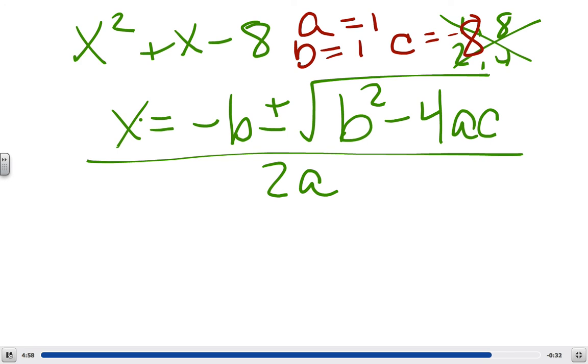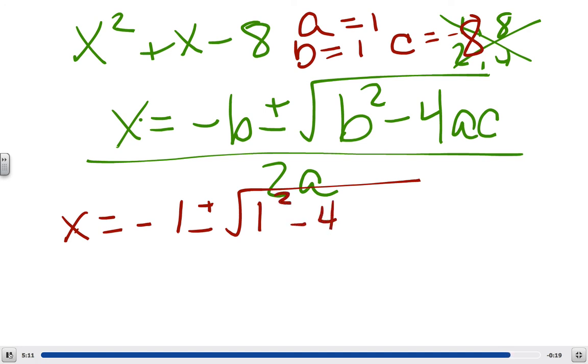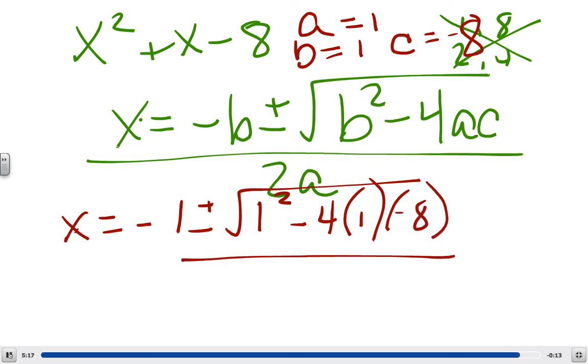So when we plug and chug into our formula, we have that x is going to be equal to negative 1 plus or minus the square root of 1 squared minus 4 times 1 times negative 8 all over 2 times 1. And when we simplify that down, we get that x is going to be equal to approximately 2.37.